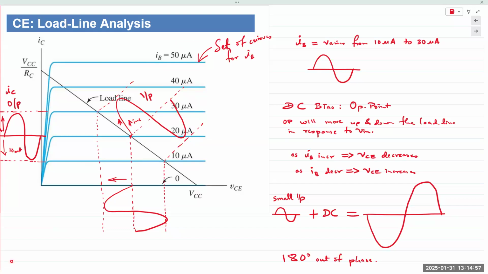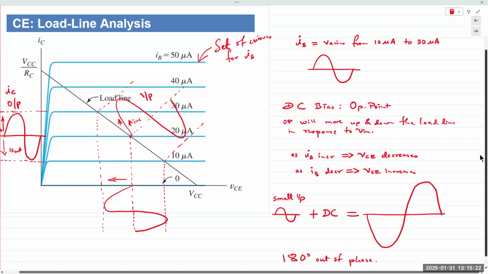Okay. Once we find the IB values, we find the corresponding intersection points of the output load line for those three values. Meaning we are interested in 10 to 30. And in this case, it's 10, 20, and 30. Okay.